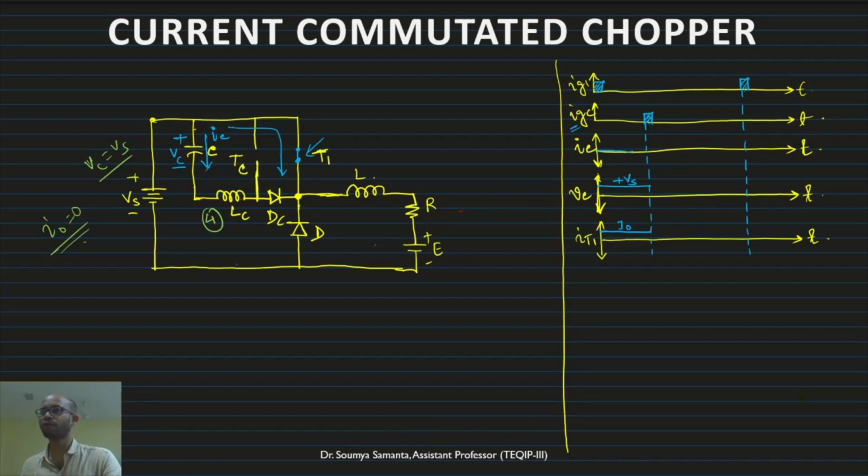There will be no current flow, up to the moment we turn on this gate, that means this is short circuited. Now things start playing. The load current is flowing here, and there is a current flow in the direction opposite to the conventional IC we have considered. This is the conventional IC, and now there is a current flow in the opposite direction.